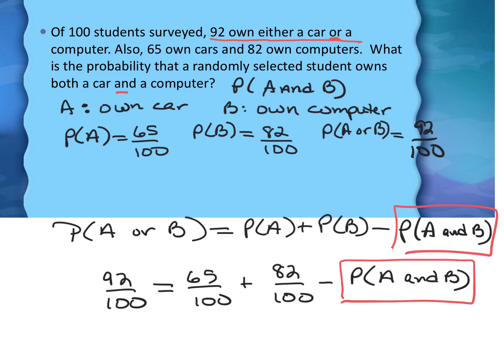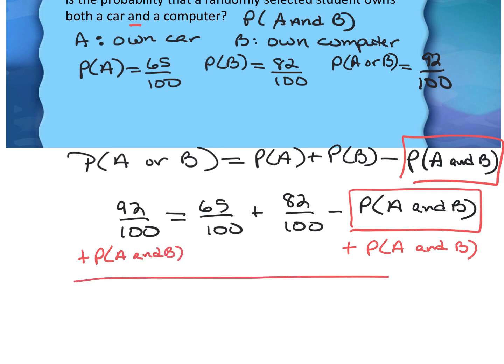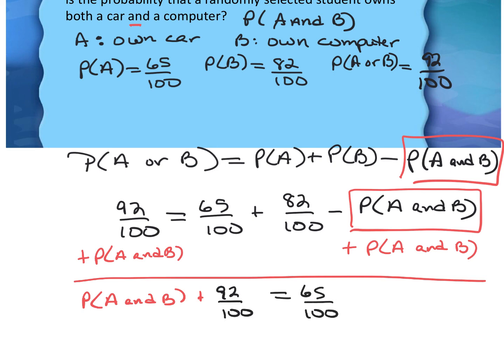So let me move this to the other side and add it. If you'd rather write this as a variable, so you don't have to write so many letters, you can. So I have the probability of A and B plus 92 over 100 equals 65 over 100 plus 82 over 100.